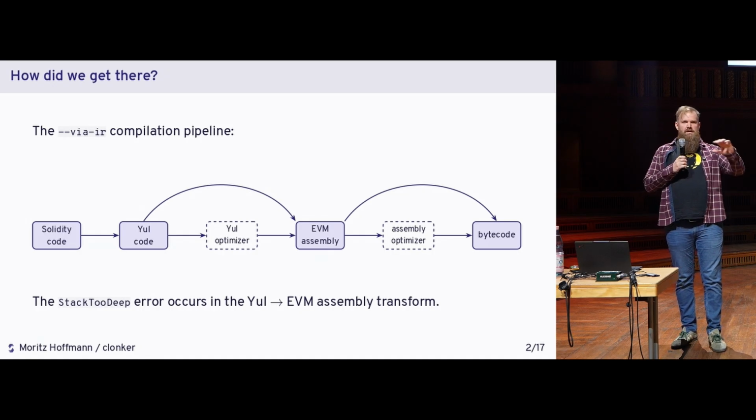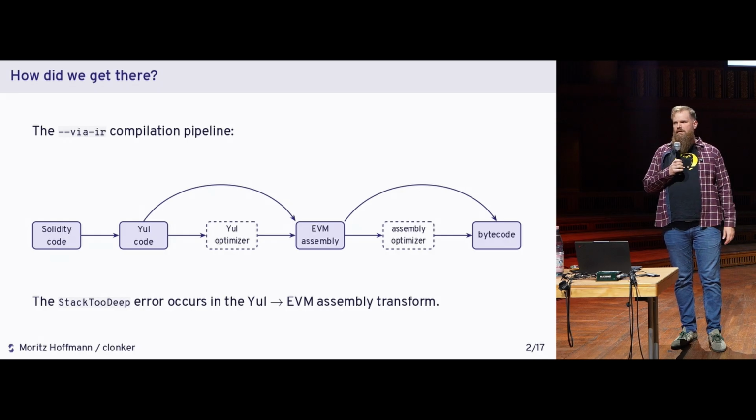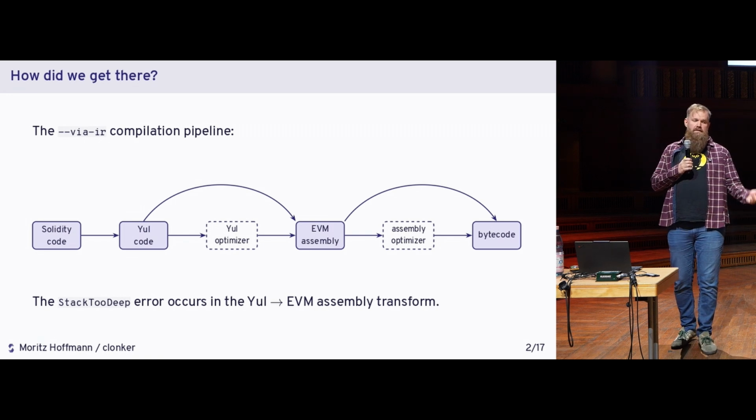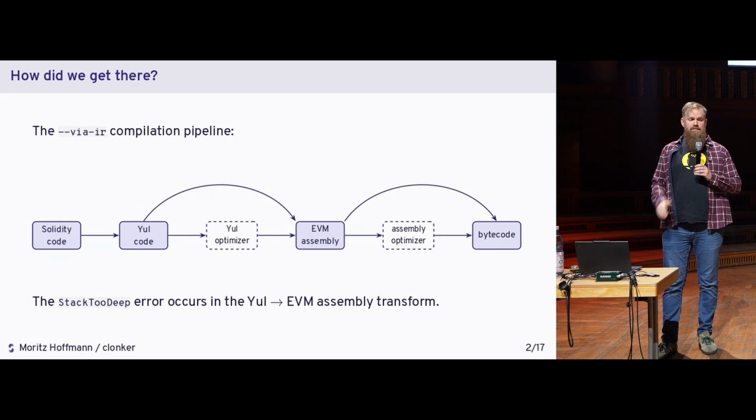And then potentially in the middle, we have a UL optimizer, which will at that level of abstraction perform some optimizations which will give you gas benefits and such, and then we end up at EVM assembly. The stack too deep error itself occurs at the step from the UL optimizer to EVM assembly, or from UL code itself to EVM assembly.